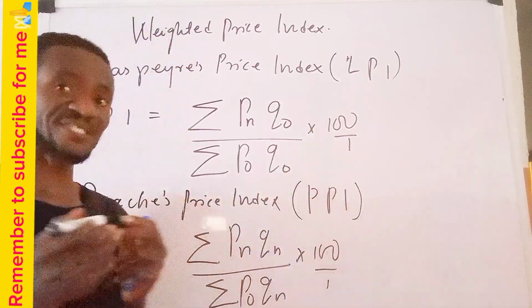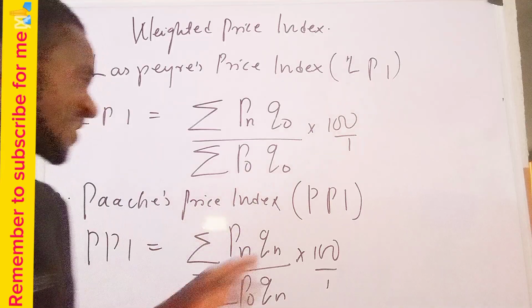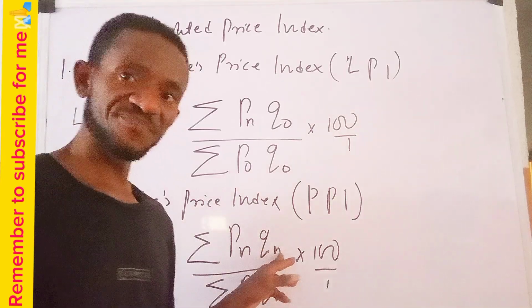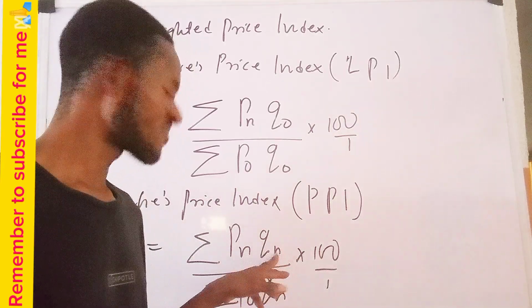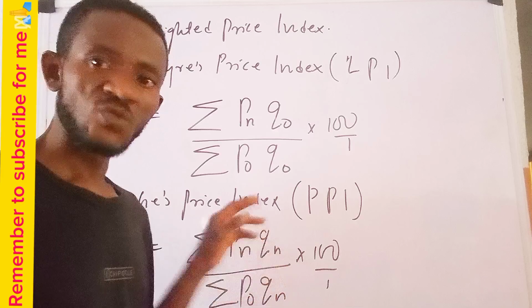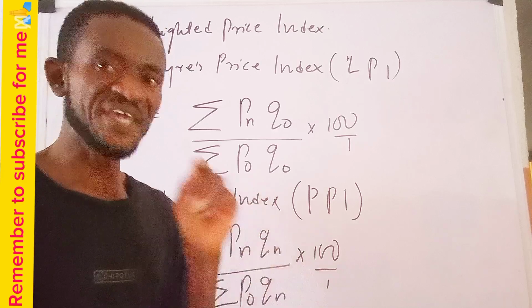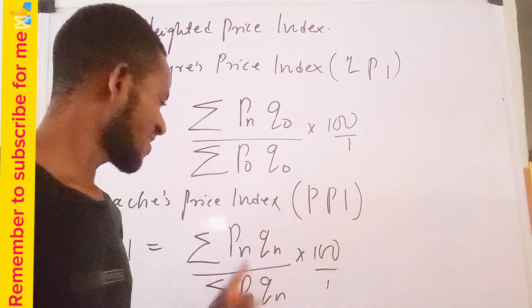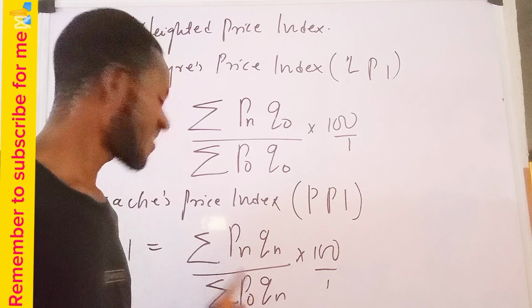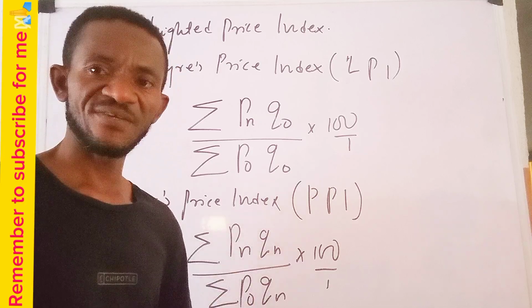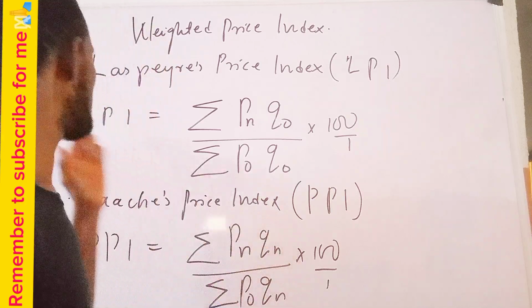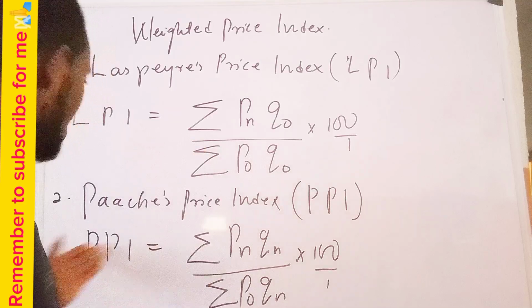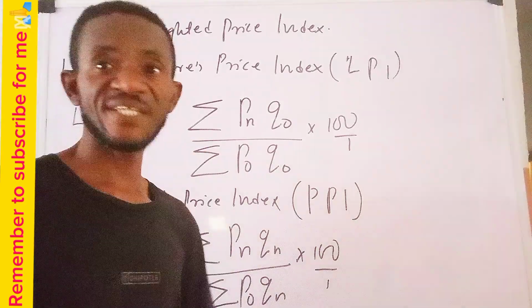So in this case, it is using the quantity in the given year, which is Q subscript n, as the weighting parameter to multiply the price in the given year and then the price in the base year. So that is about the Laspeyres and that is about the Paasche price index.